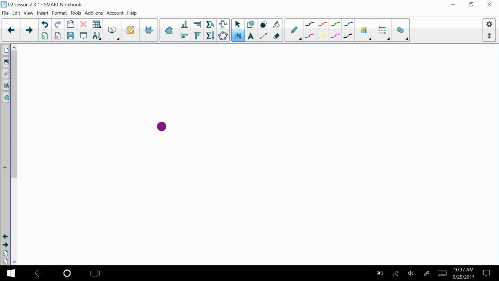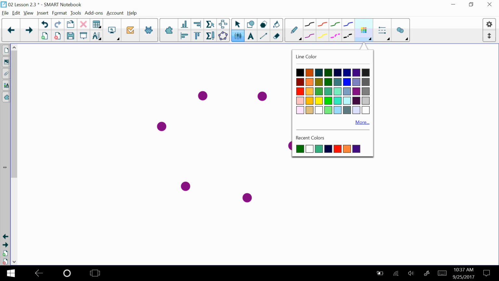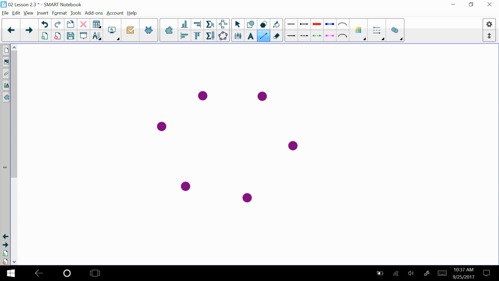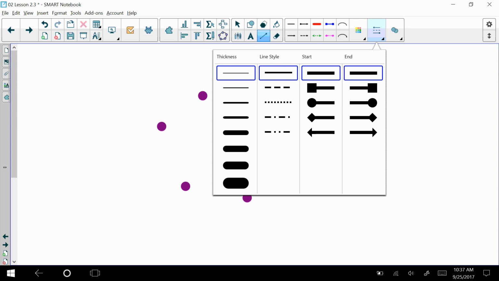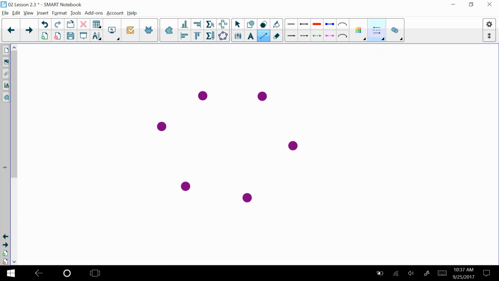So we have 6 people: 1, 2, 3, 4, 5, 6. And we want to know how many phone lines we need to connect all 6 people. From the first point, here's 1 line, 2 lines, 3 lines, 4 lines, 5 lines.